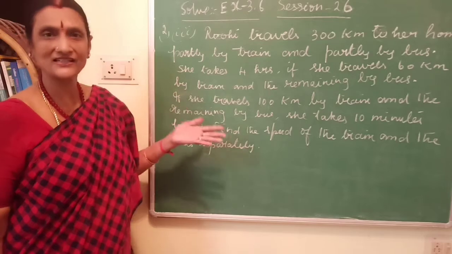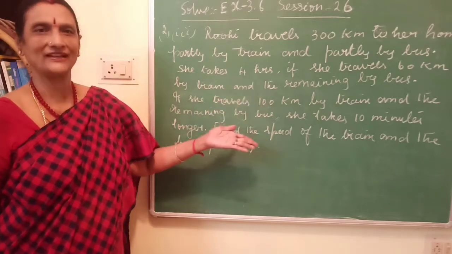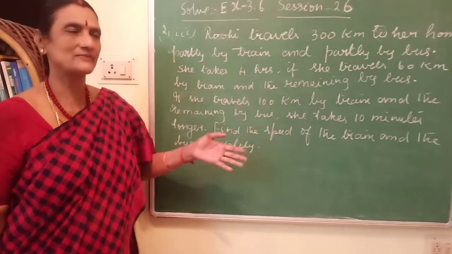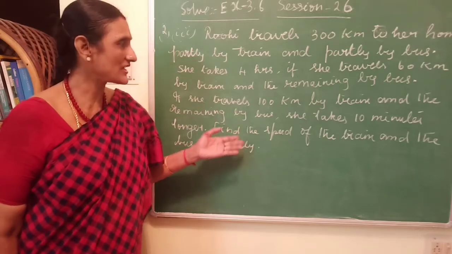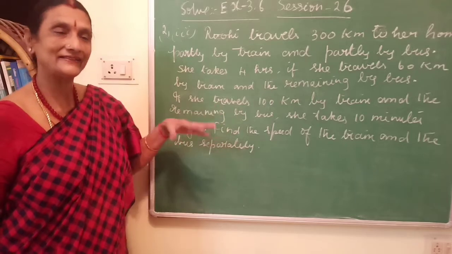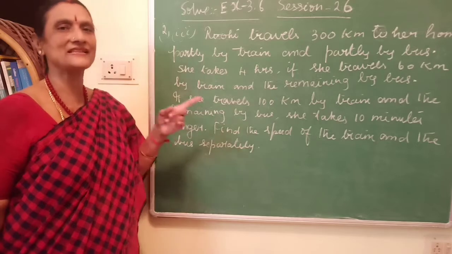The rest is 240 kilometers, which she has to travel by bus only. Correct? And similarly, if she travels 100 kilometers by train, the remaining 200 kilometers she has to travel by bus. Okay, so like that we can easily find the total distance, and the time is given.